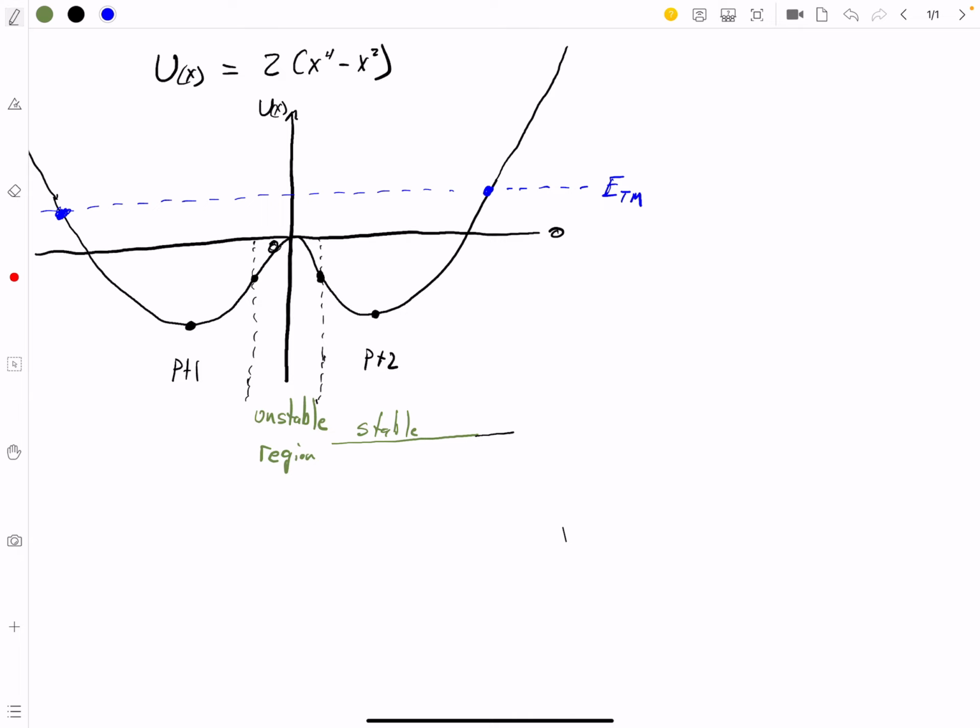It happens to go through this stable area, runs over the unstable area, comes back to stable, and goes back up and comes back down. So technically, with this much energy, it's a stable potential.